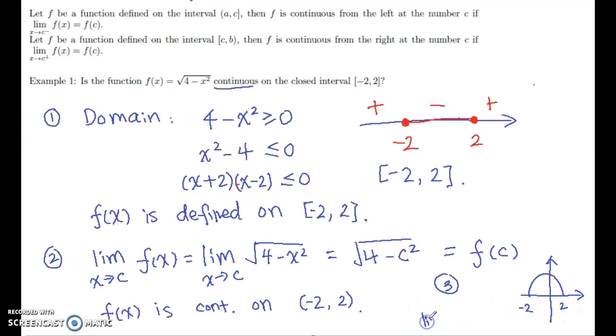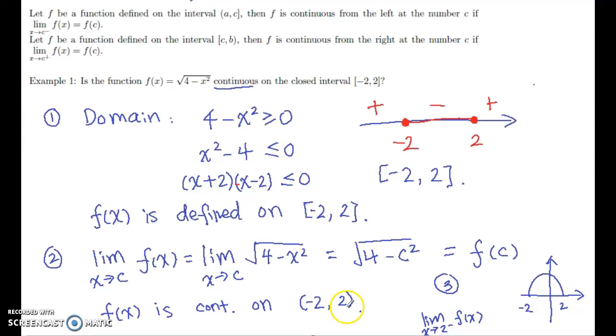We do have the limit as x approaches 2 from the left of f of x. But as x approaches 2 from the right, there's no graph beyond x greater than 2. What it means is we cannot plug in a number like 2.001. So we don't have a limit on the right side. That's why it is continuous on this open interval.